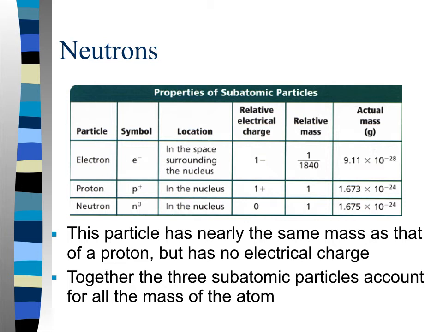So the protons and the neutrons have almost the same actual mass, but are considerably larger, 10 to the -4th difference between the protons and neutrons and the electron.